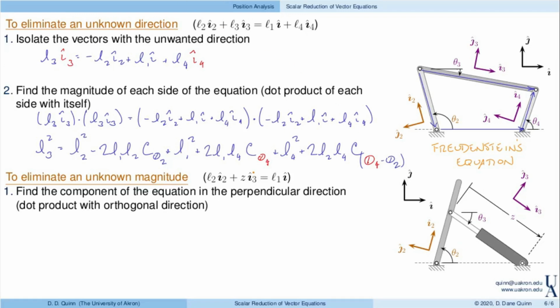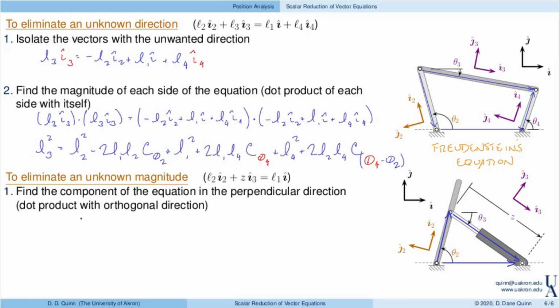And here, the loop closure equation is L2 I2 plus Z in the I3 direction equals L1 in the I direction. So our loop closure equation might go from there to there, there to there, equals there to there.